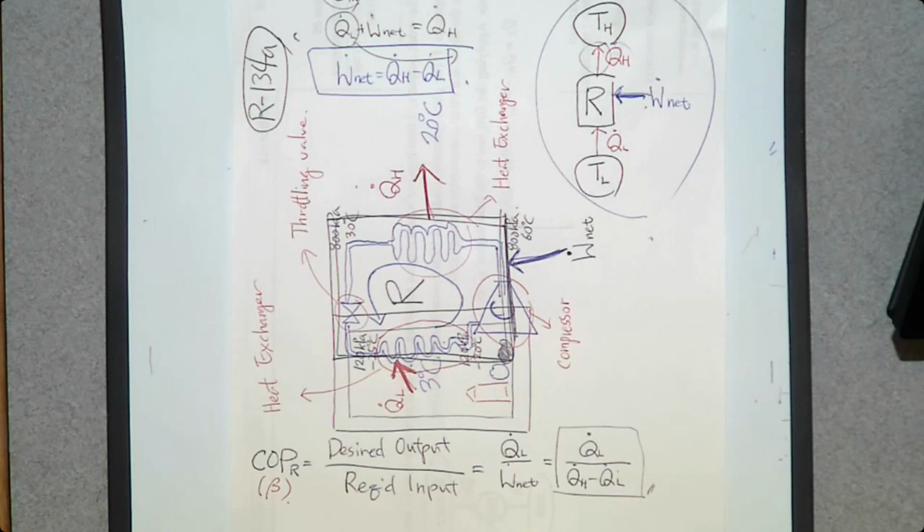Then why do we need to understand how this works? Because we want to come up with this equation, COP. By analyzing this refrigeration system, now we know what is desired output, what is required input, so we can come up with this equation. That's it.